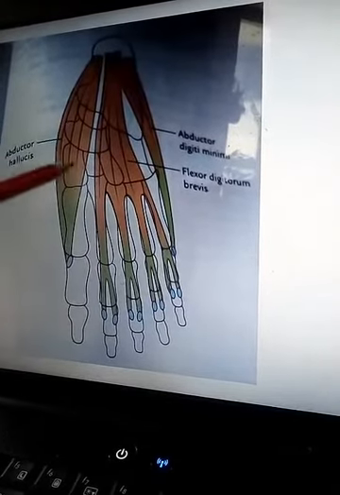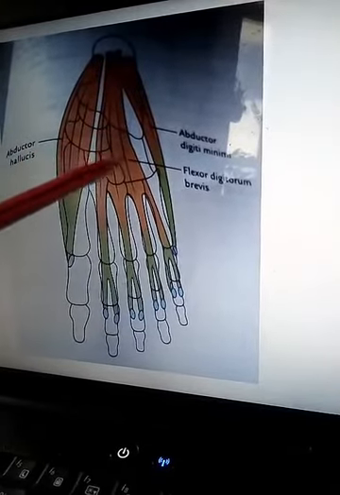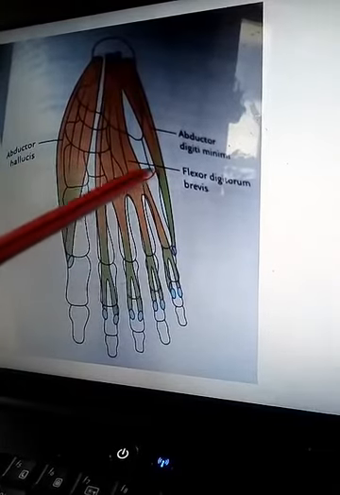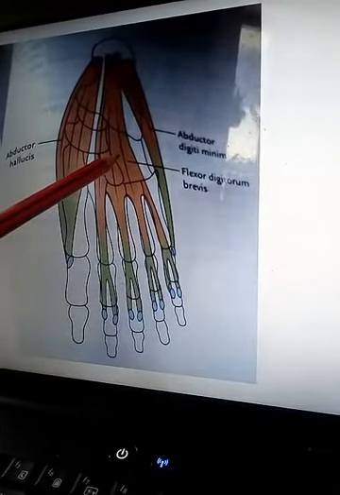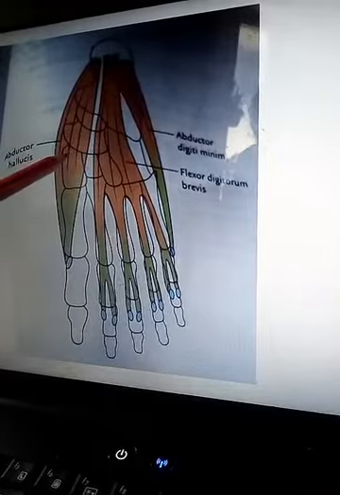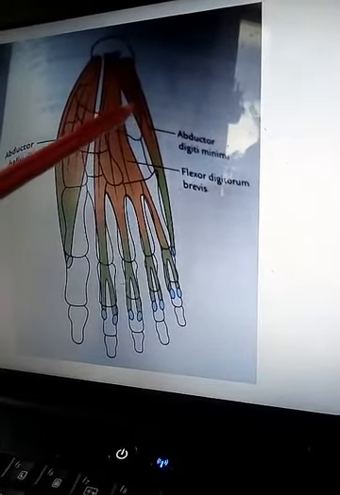Now the first layer of the muscles are flexor digitorum brevis, abductor hallucis, and abductor digiti minimi.